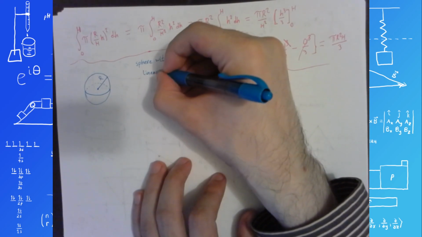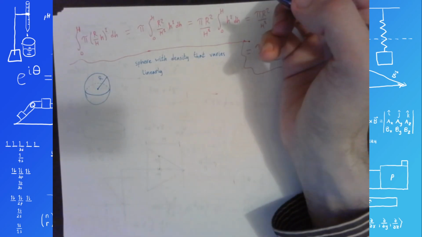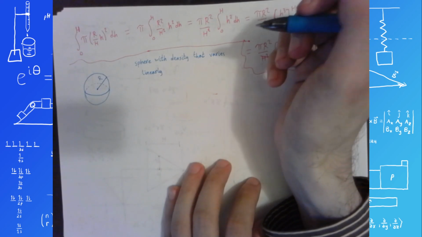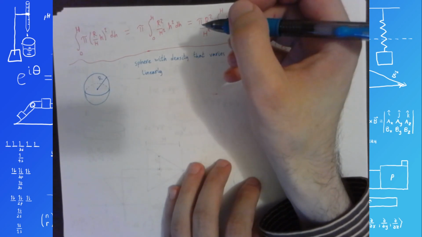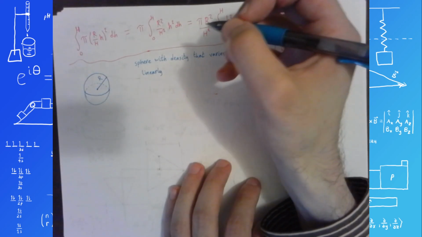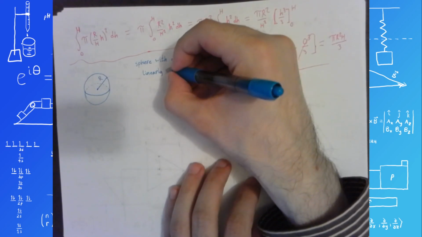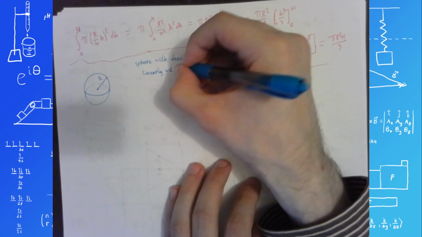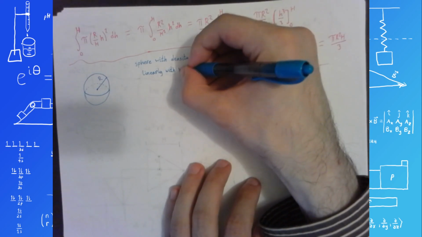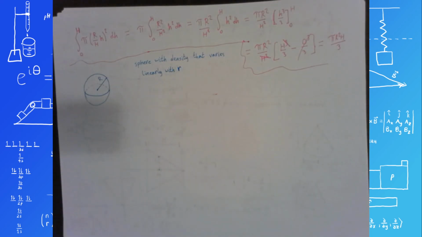Probably not the most useful example for mechanics, but for electricity and magnetism, you might see something like this. It would be a charge density rather than a mass density in that case. But yeah, a sphere with density that varies linearly with r, that varies linearly with radius.